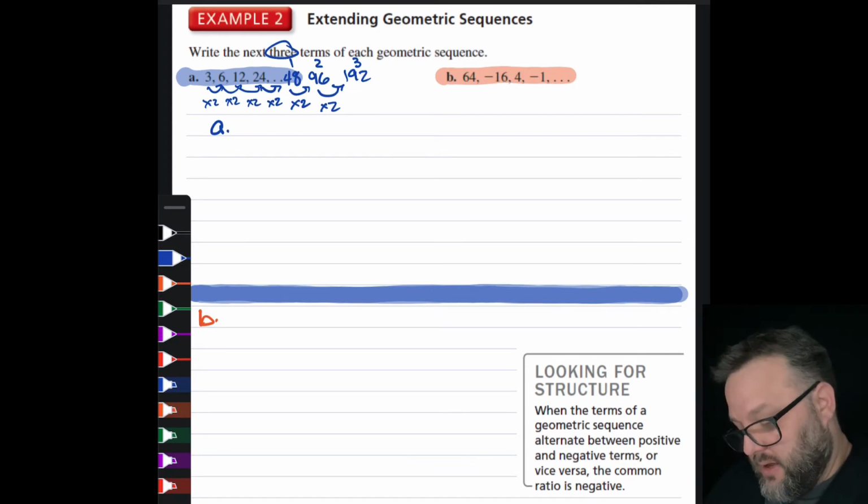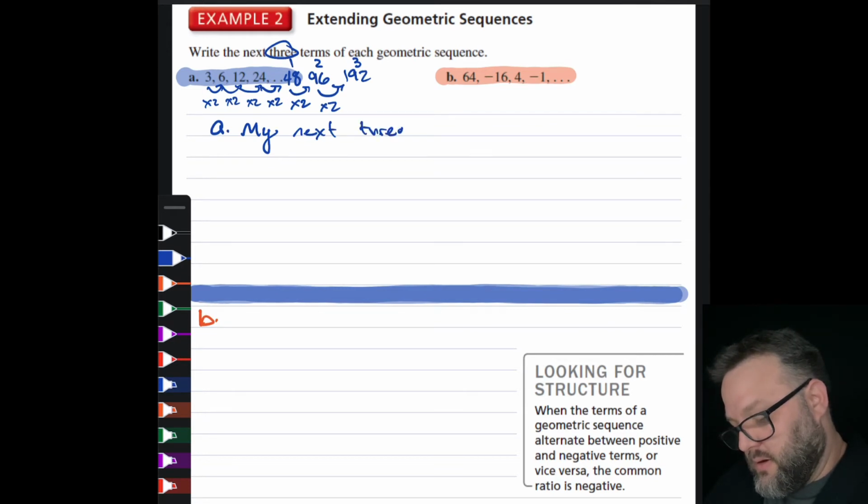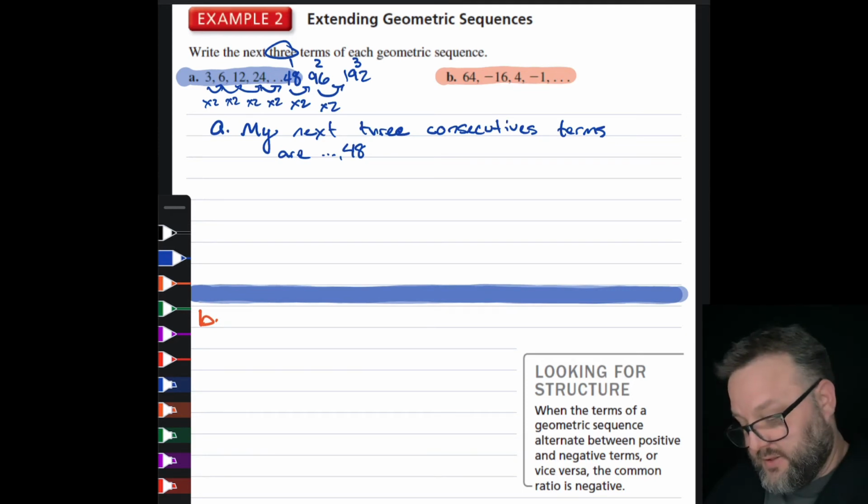So on A, my next 3 consecutive terms are 48. Actually, the best way to do it is dot, dot, dot, to show that this wasn't the beginning of the list. This is just the next: 48, 96, and 192.